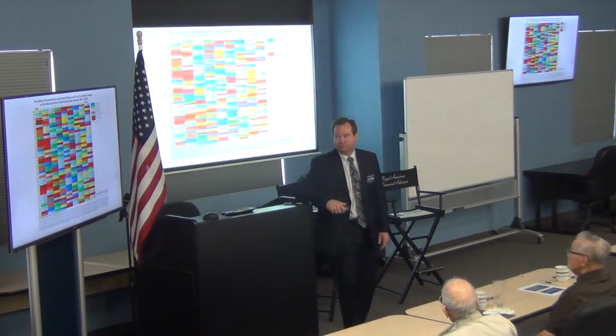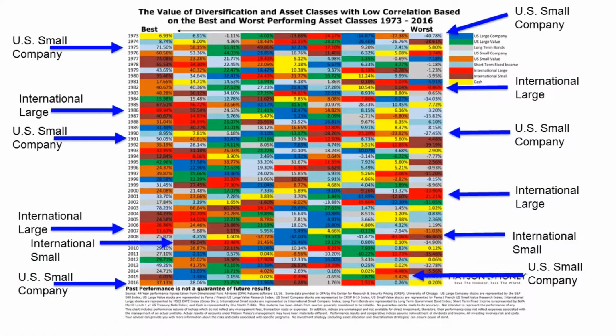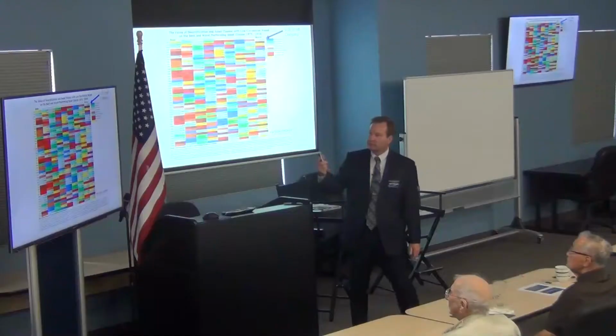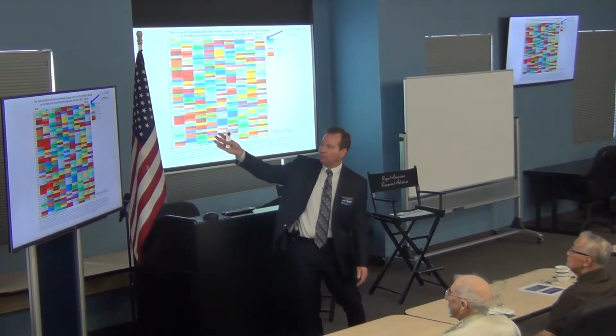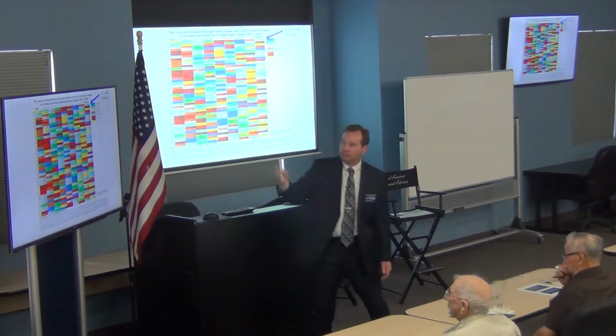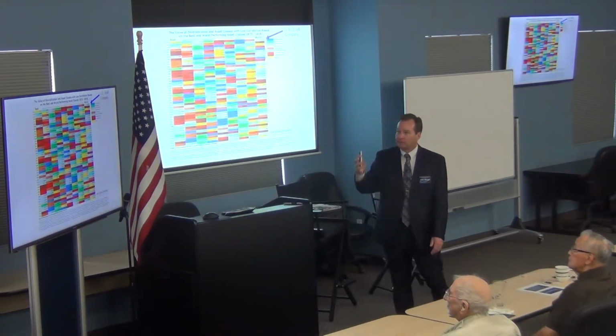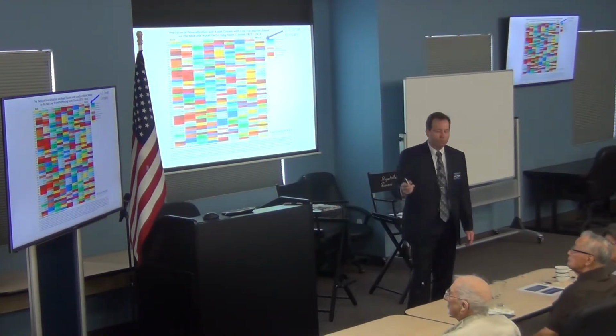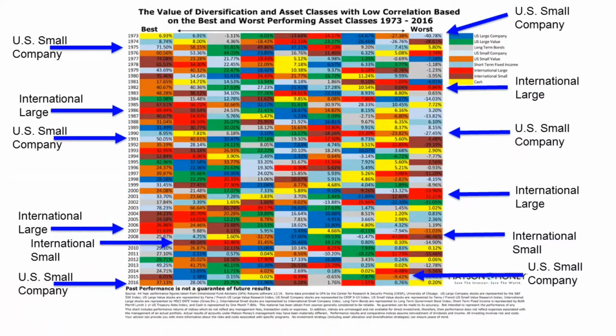I believe him. So in this chart you'll see, and this is why we rebalance the portfolios, that sometimes the worst column in future years becomes the best, and the best becomes the worst, and you can't predict that in advance. U.S. small company minus 40, then plus 71. International large, minus almost break even, then plus 69.